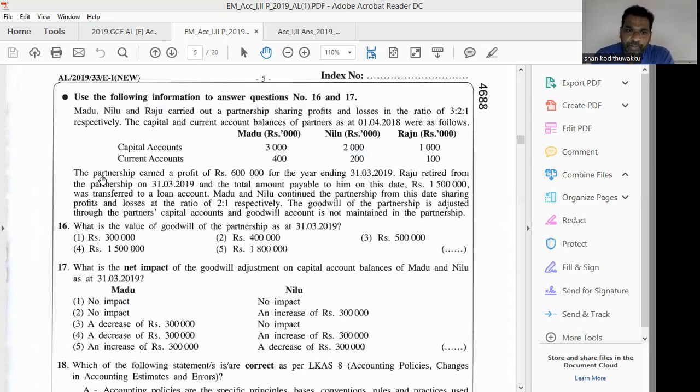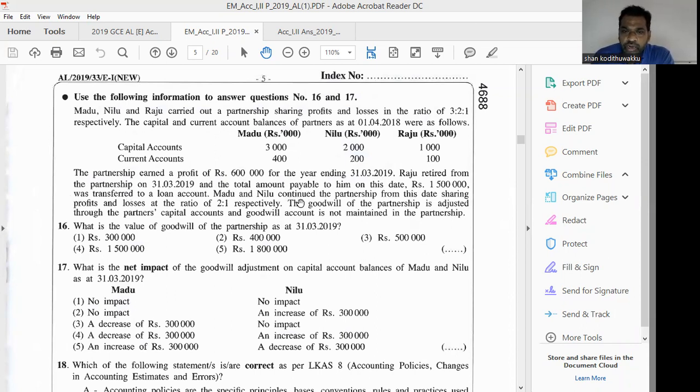If you read this, the partnership earned a profit of 600,000 for the year ending 31st March 2019. Raju retired from the partnership on 31st March 2019. That means on the last day, Raju, the third partner, retired from the business, and the total amount payable to him on this date, 1.5 million, that is 15 lakhs, was transferred to a loan account.